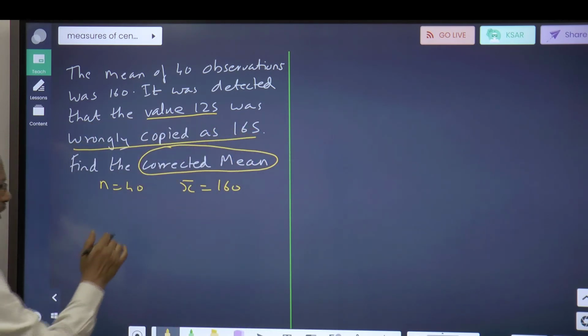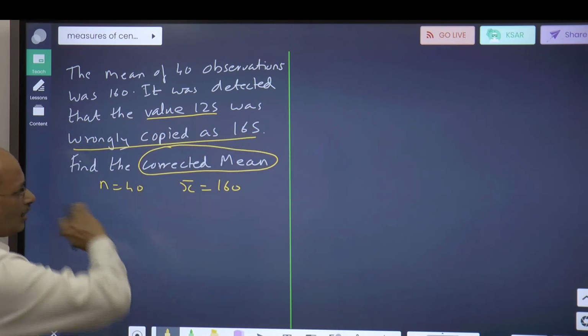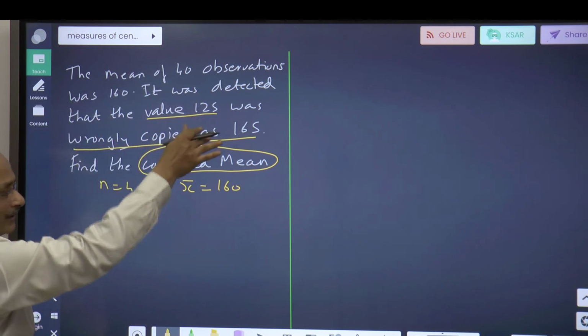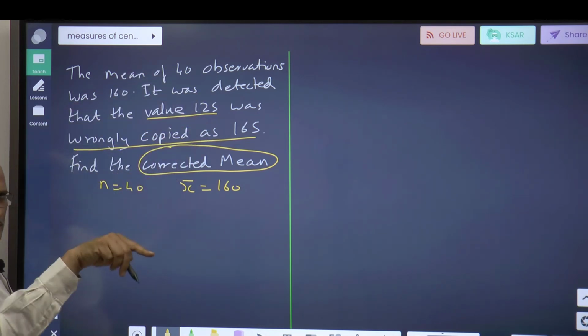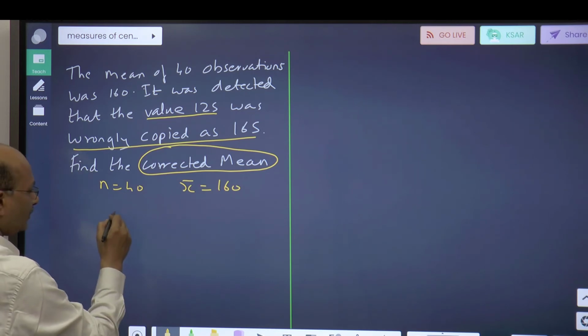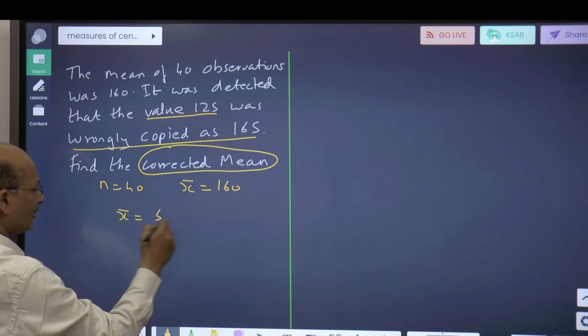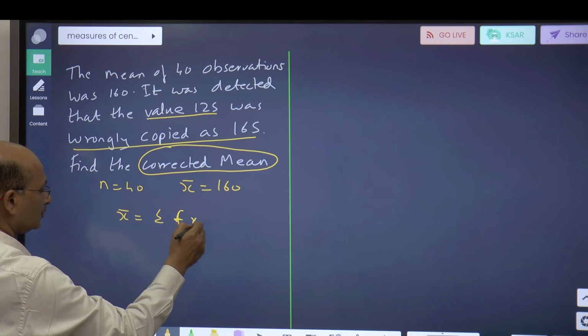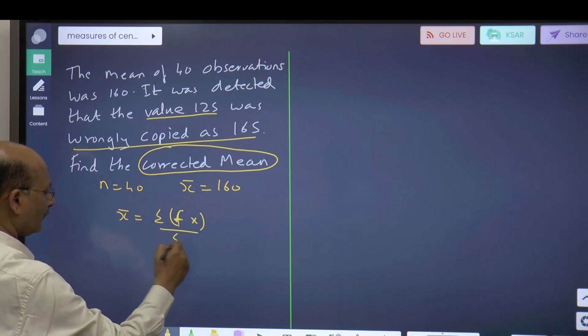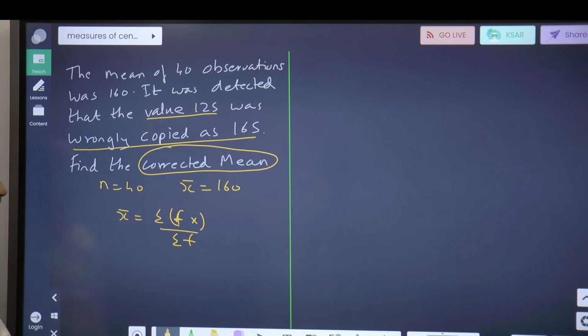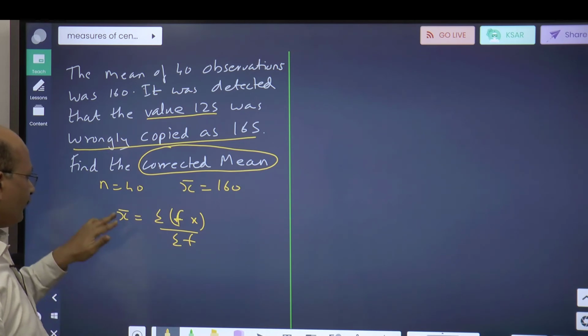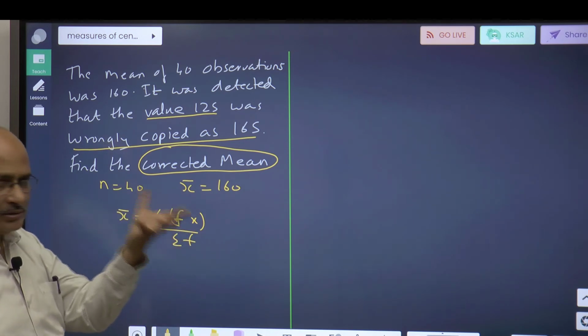Now, first thing, you all know, whenever mean is given to you, for all sums of this type, you compulsorily use the direct method. So x bar, everybody knows, is summation of fx upon summation of f. Listen very carefully how I do the question. First thing, can you find the total?